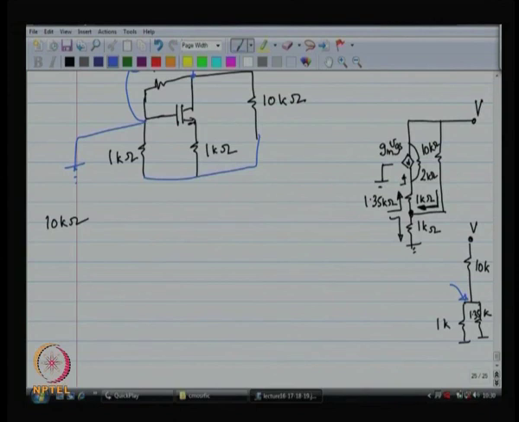1K parallel 1.35K is about 0.6K. So, I have applied V, it is a resistive divider, 10K and 0.6K should give me something like how much? V by 14 or something like that.